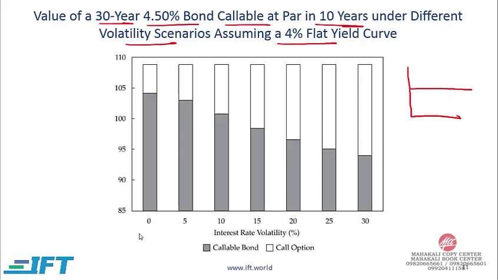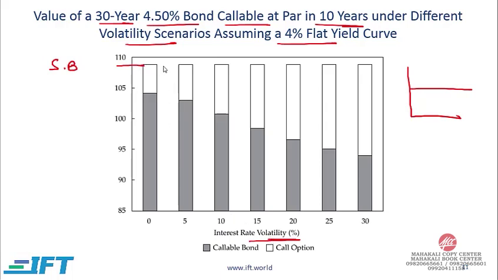The different interest rate volatilities are given on the x-axis, and on the y-axis we have the value of the bond. This total bar represents the value of a straight bond or an option-free bond. Notice that as long as we have a flat yield curve, the value of the straight bond is not impacted by different interest rate volatility numbers.